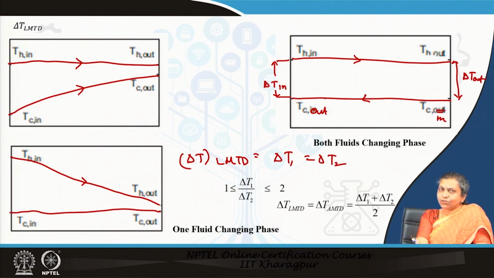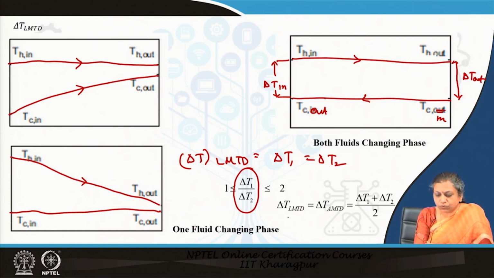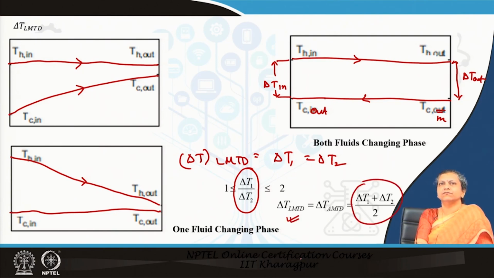In fact, I would also like to tell you that when delta T1 by delta T2 varies between 1 and 2, you need not go for the log mean temperature difference, and the arithmetic mean is sufficient. It just gives you less than 4% error for delta T1 by delta T2 equal to 2.